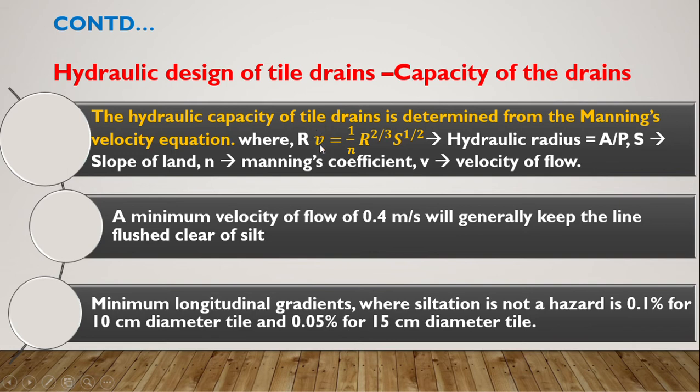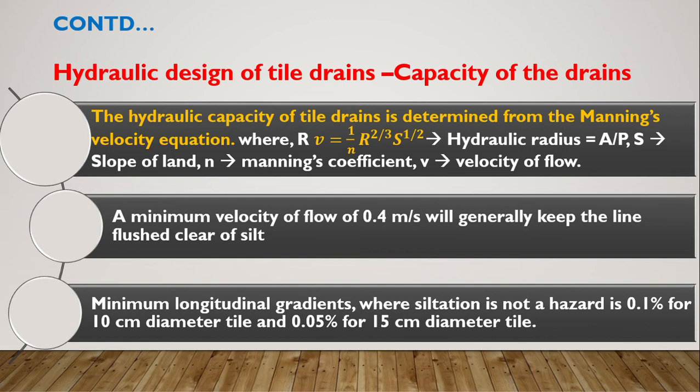This is the equation for velocity by Manning's. When velocity is there, we can find the capacity by multiplying it with area. Capacity is equal to velocity into area. So we can easily find the capacity of the drainage system. The minimum velocity of flow should be 0.4 meter per second. Generally this much velocity should be allowed in a subsurface drainage system.